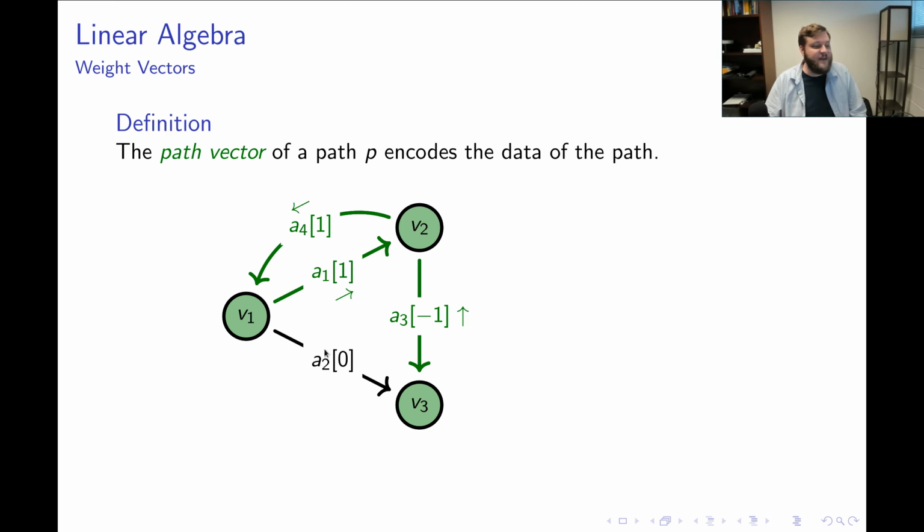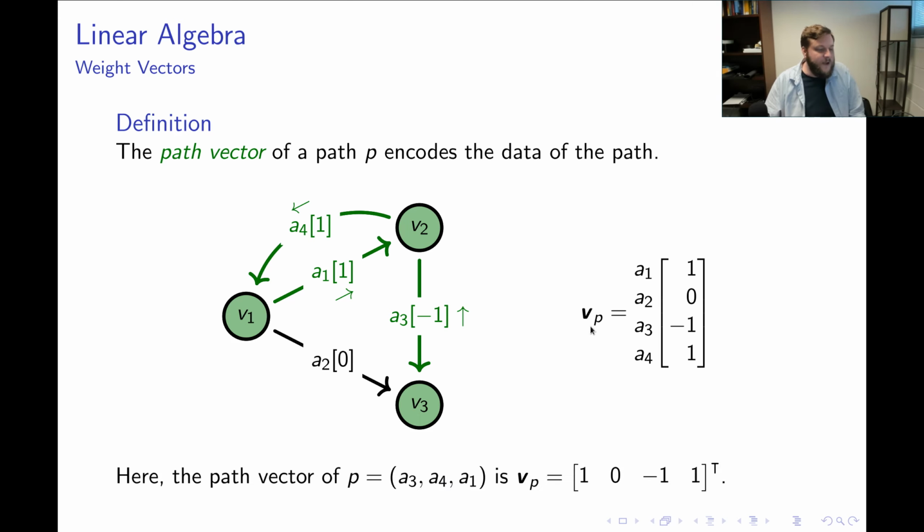This path ignored the arrow A2, so A2 is equipped with a 0 in this description of our path. So if I encode those weights into my weight vector, we call this the path vector. A1 has a 1, so the first coordinate is 1, the second coordinate is 0, the third -1, and the fourth 1 in this situation.